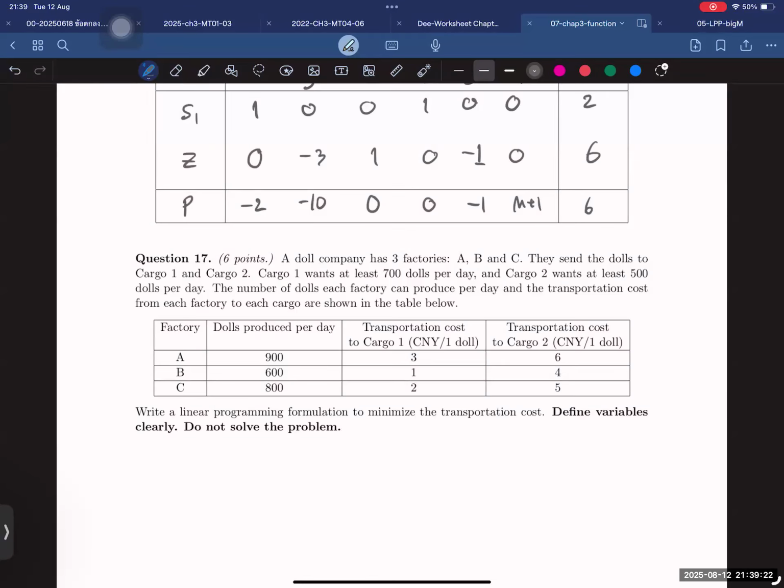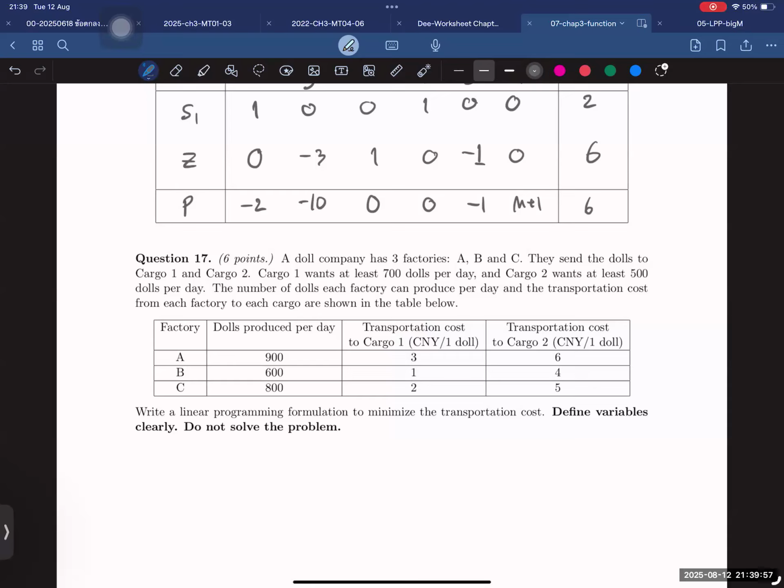They have the number of dolls from each factory and some transportation costs, right? Each factory can produce this, and the transportation cost to cargo 1 and cargo 2 is this, so maybe China yuan per doll like this. So just draw the picture.